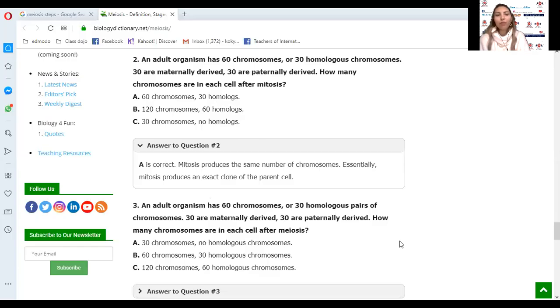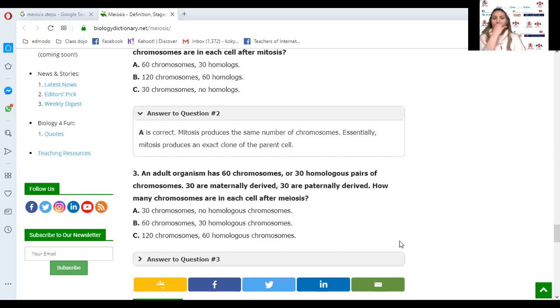Okay, we have number 3 here. Last one. An adult organism has 60 chromosomes or 30 homologous pairs of chromosomes. And here it asks for the number of chromosomes in each cell after meiosis. Okay, how many?